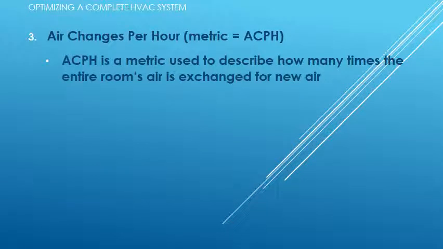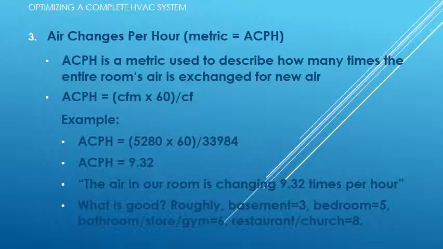It's actually CFM times 60, because cubic feet per minute times 60 changes it to an hour, and then you divide that by your cubic feet. In our case, we have 5,280 times 60 divided by 33,984. It's 9.32, so the air in our room is changing 9.32 times per hour.